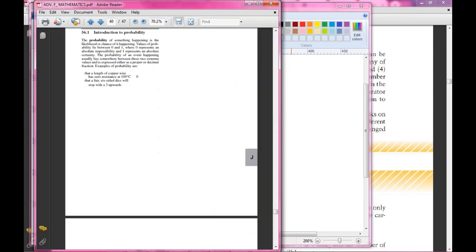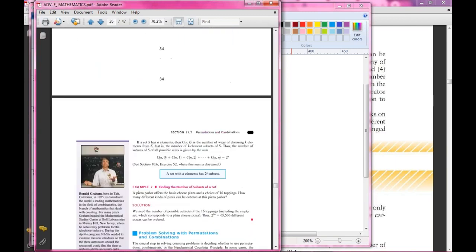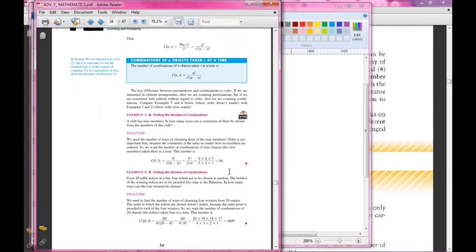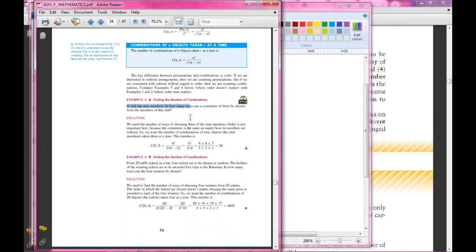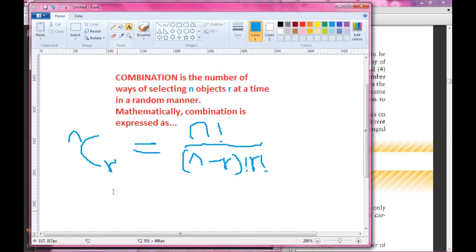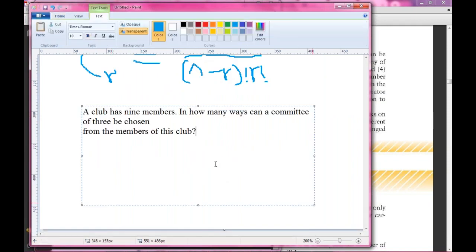Let's look at some examples with respect to combination. A club has 9 members.